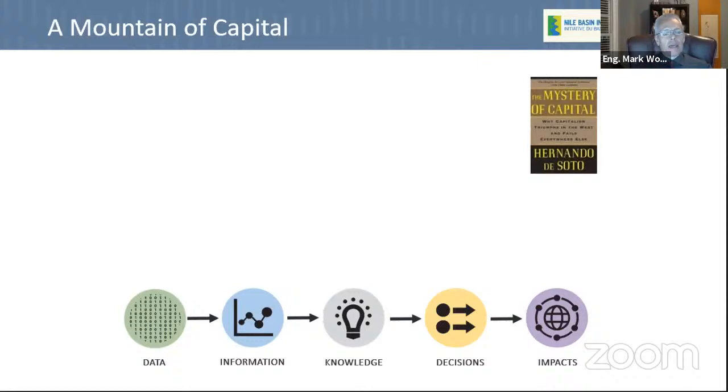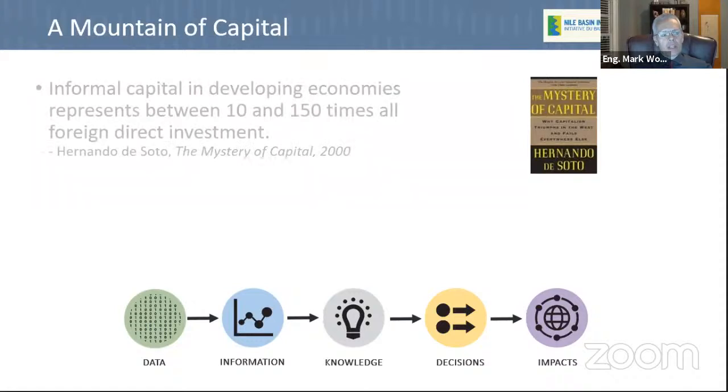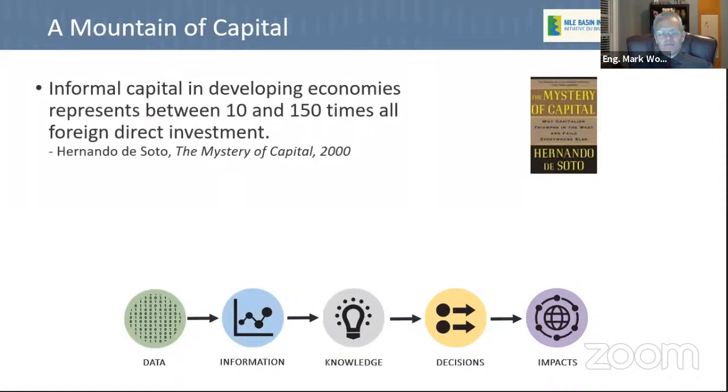That's our goal. In a book titled The Mystery of Capital, author Hernando de Soto identifies that the informal capital, the non-registered real estate and other resources in developing economies represent easily between 10 and 150 times all past foreign direct investment.